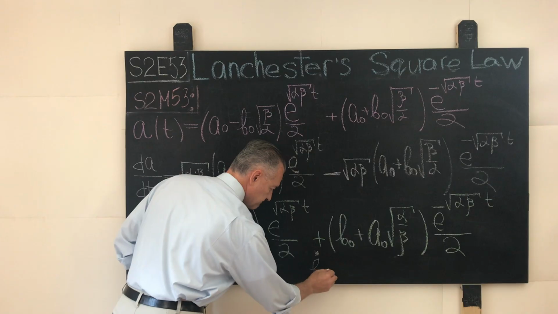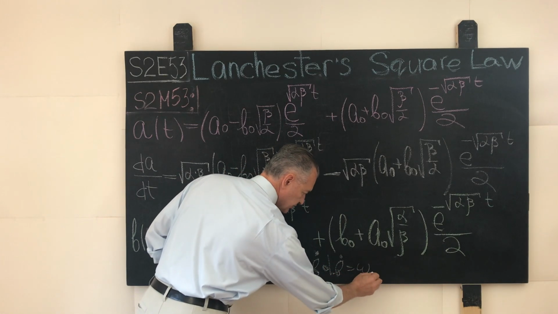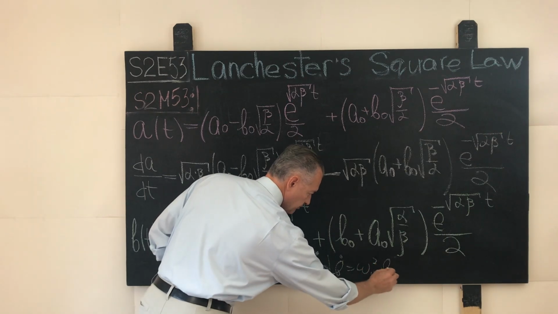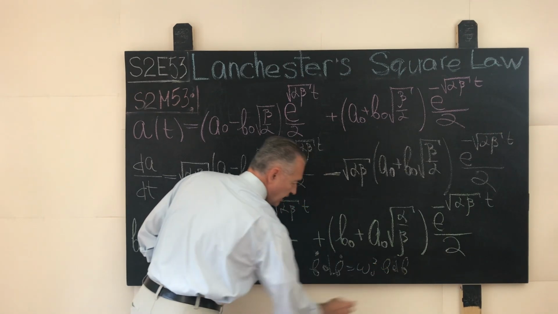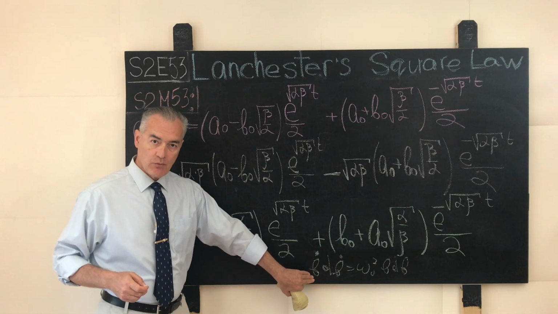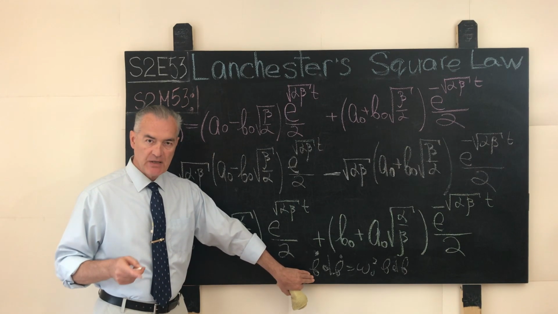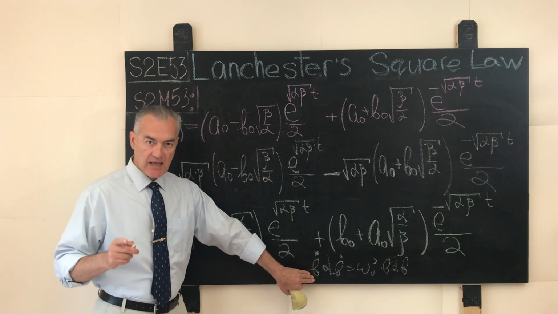B dot d b dot is equal to omega 0 squared b db. And how will you integrate it? Remember, the generalized velocity over here, the lower boundary will be what? It will not be minus beta times b0, it will be minus alpha a0.